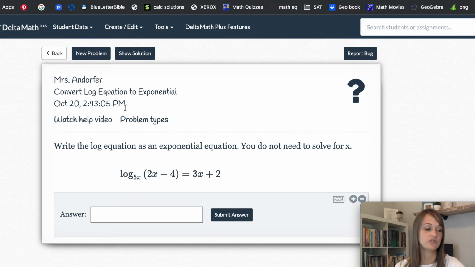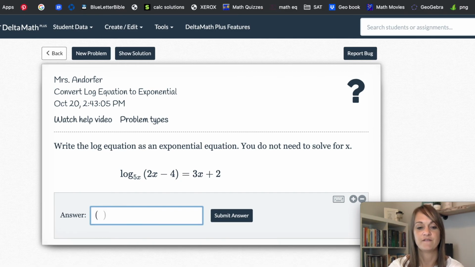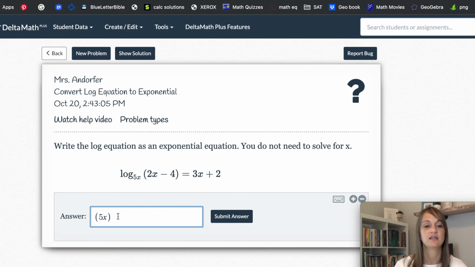So there are more complex log functions that can still be written as an exponential function. So what we are going to do at this point is rewrite this as an exponential equation without solving it. If we use the same concept, we will take the base, which is 5x. Now, why did I use parentheses? Because both the 5 and the x are in the base.